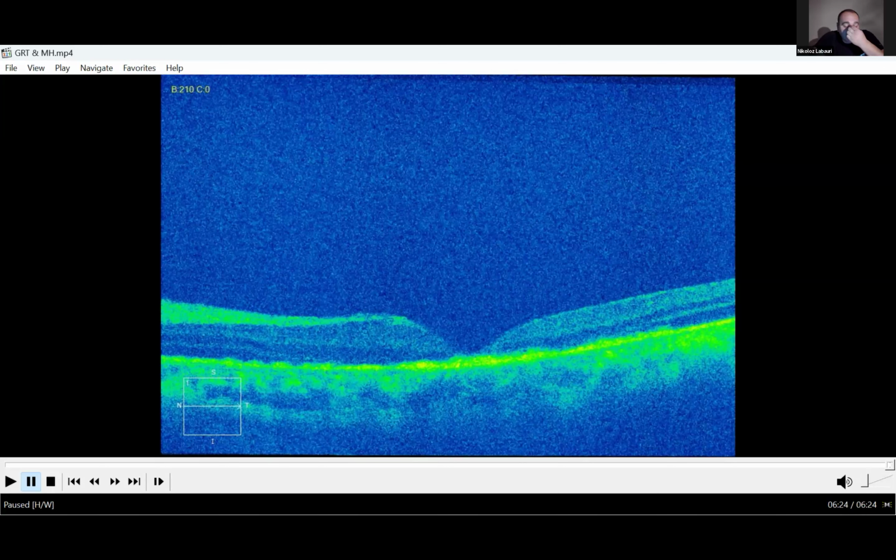But usually, in most of my cases, I use the contact wide field lenses, unless a macular peeling is needed. For the macular peeling, I use the flat contact lens, which gives me higher magnification and better control. These are all the tricks I use mostly for giant retinal tears.